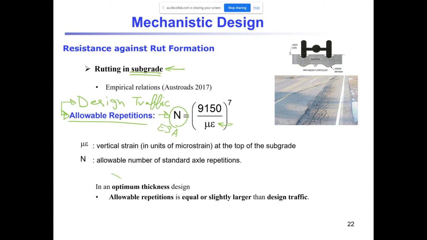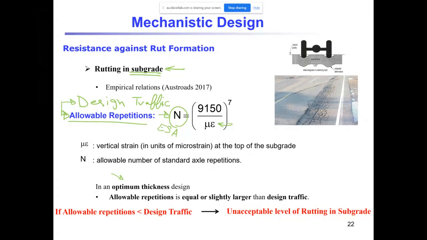And for optimum thickness, the allowable repetition should be either equal or slightly larger than the design traffic, right? In order to make your design optimal. And if allowable repetition is less than design traffic, then your trial pavement structure won't be acceptable. So you need to change your design.